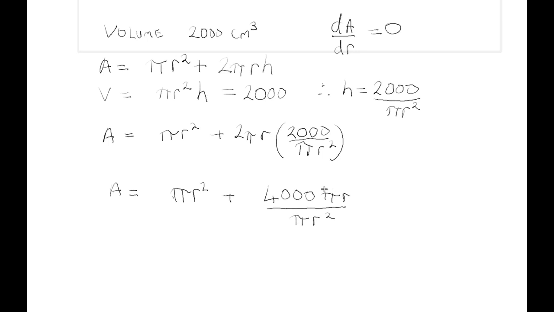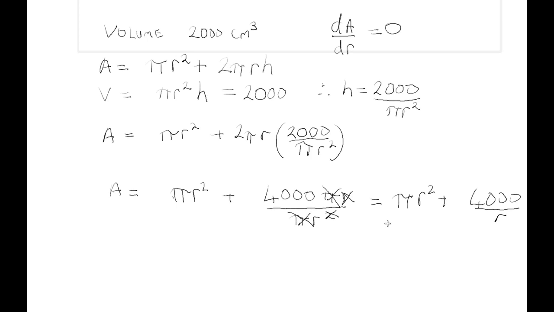Okay, so now I can cancel out. This pi will cancel with this one, and this radius on the top will cancel with one of these at the bottom. So in other words, what I've got here is pi r squared plus 4000 divided by r. Nicely simplified.